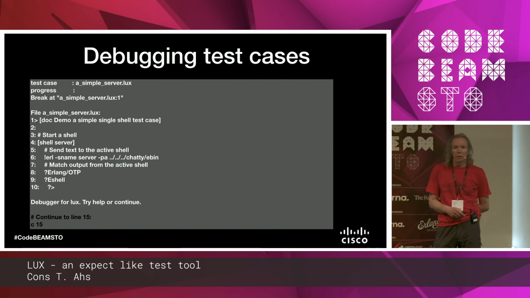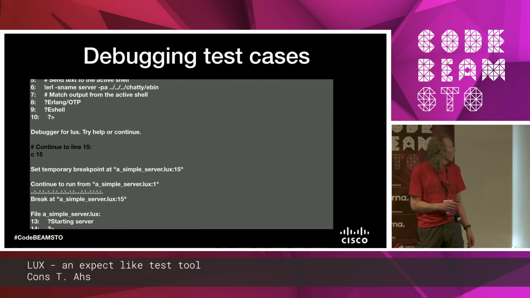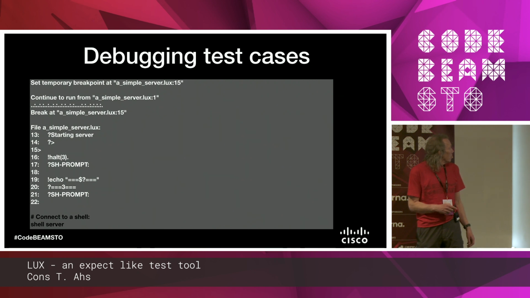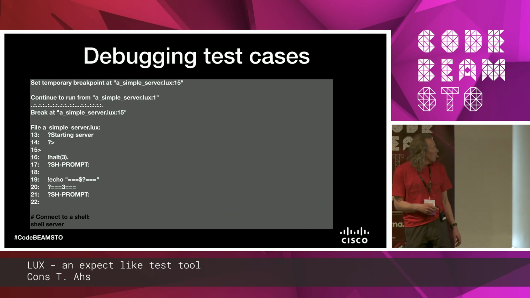And then we want to continue to line 15. We don't see line 15 here, but we possibly have it in an Emacs window or whatever. So we type C15 and continue. We get a lot of new output. And at this stage, we want to connect to this shell, to the server shell.